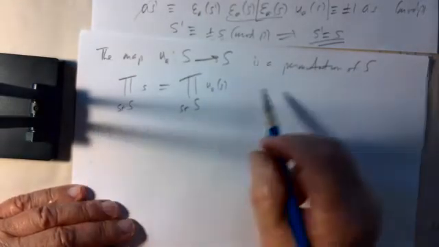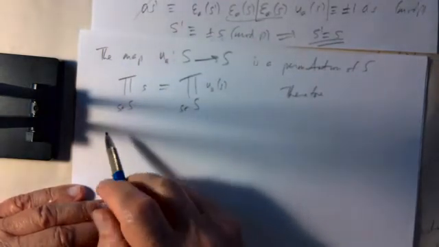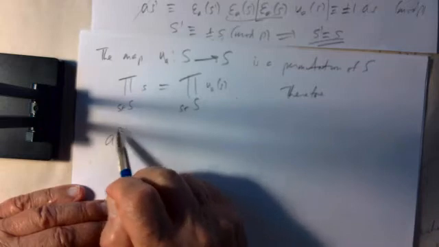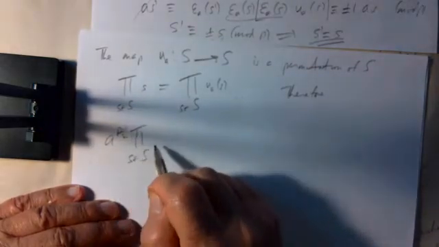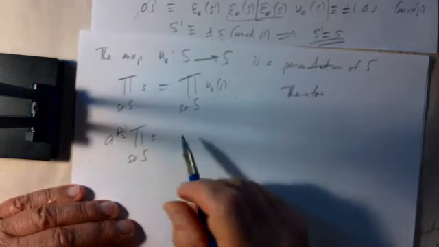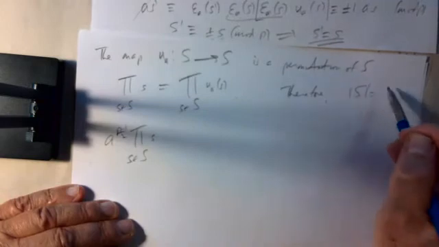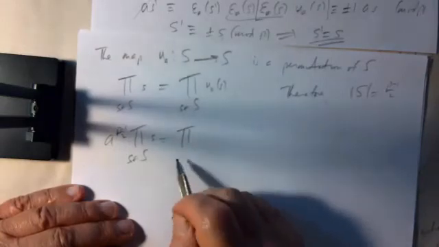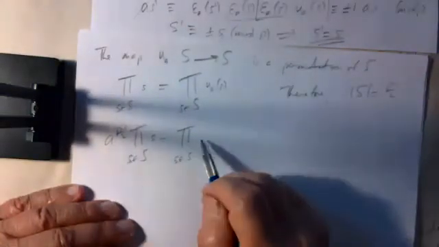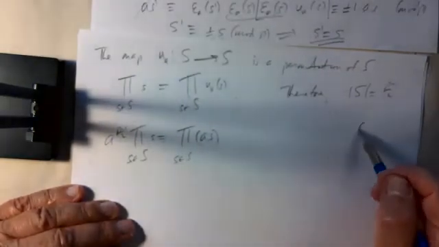So therefore, if I take a to the (p-1)/2 times the product of all s in S of this element little s, since the cardinality of the set S is (p-1)/2, this is the same as the product over all s in S of as mod p. Everything is mod p.